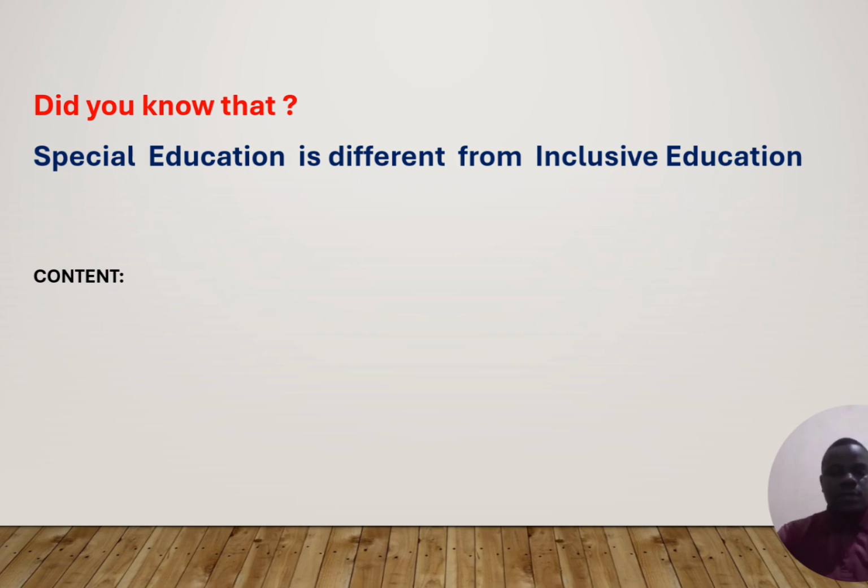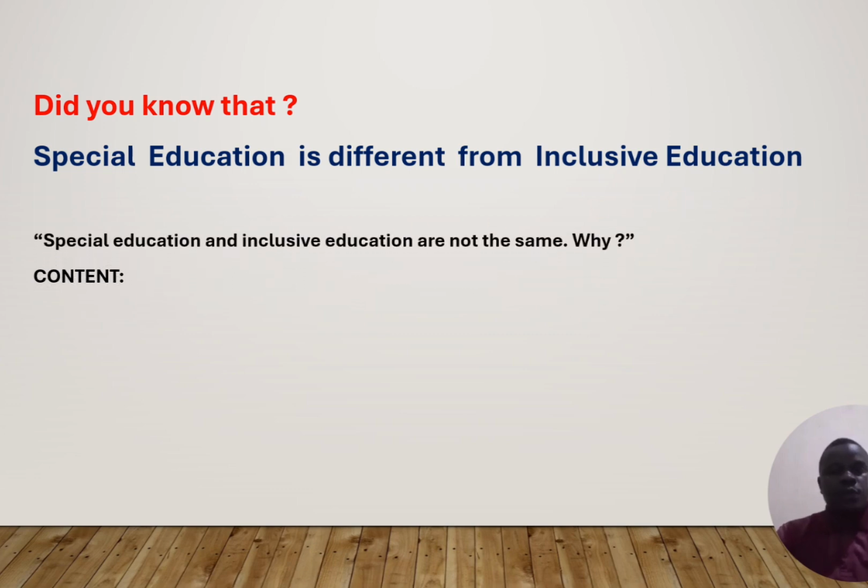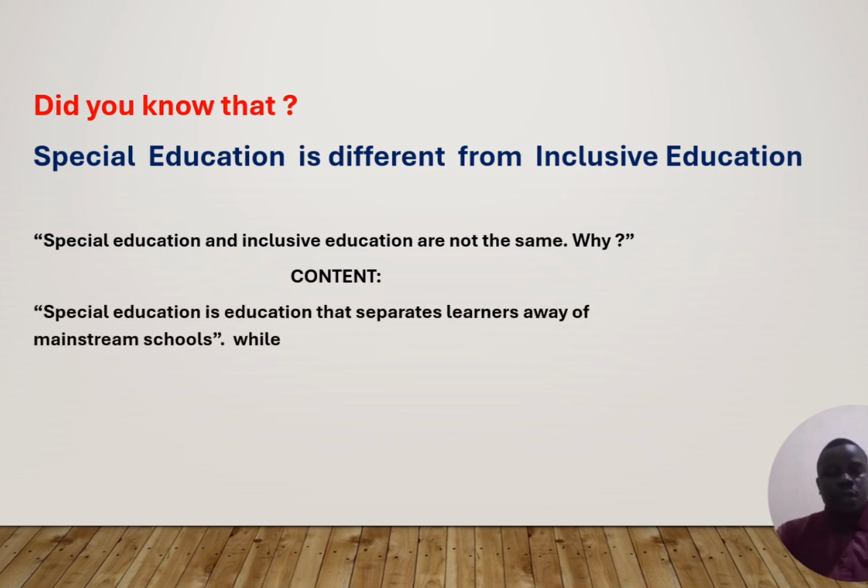What are the differences? Special education and inclusive education are not the same normally. You have to know that. Special education is education that separates learners away from mainstream schools.